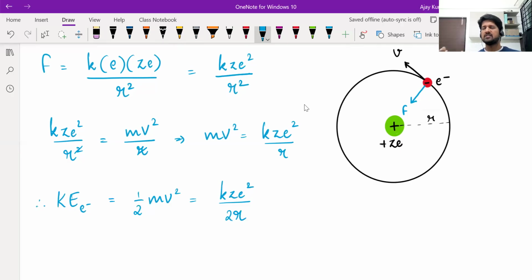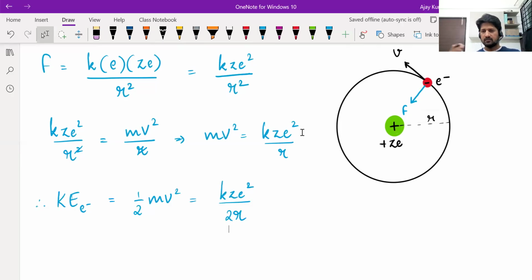They can replace the electron with something else and ask you to find out how much kinetic energy, potential energy, total energy it has. So you need to know how it is derived. We start with the force that acts on the electron, equate it to centripetal force. From there, you will get the kinetic energy expression.